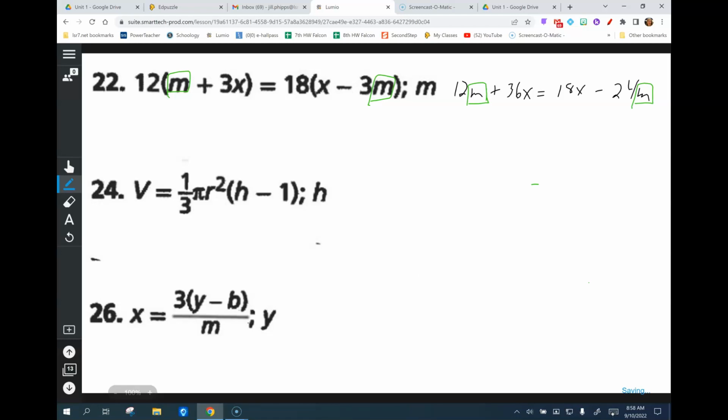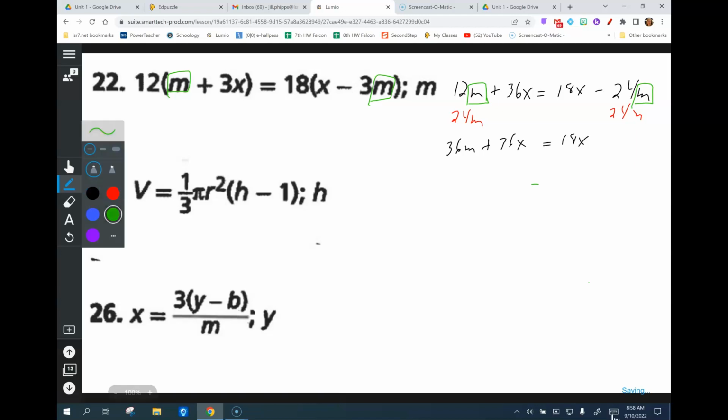So what we're going to have to do is get the m's on one side, everything else on the other side. Okay, we've done this before many times. So what do we want to move? I'm going to move the 24 over by adding 24m to both sides. These are just like terms. So that's going to give me 36m plus 36x is equal to 18x.